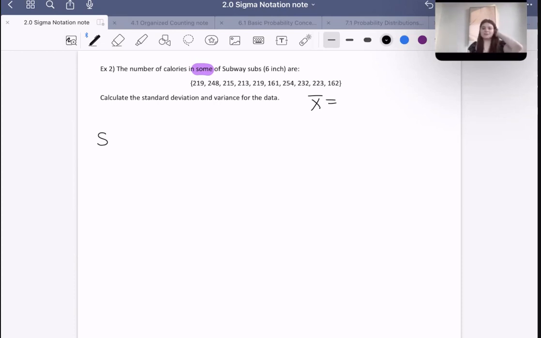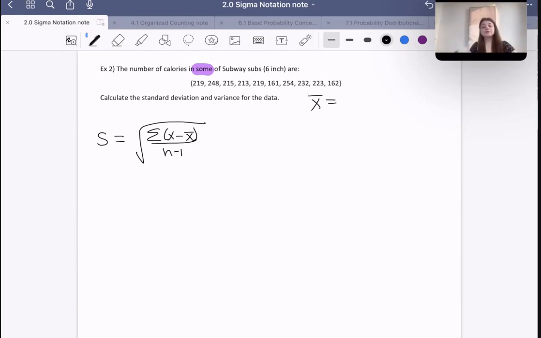But anyways, we're going to be using s for sample standard deviation, which is equal to the square root of the sum of x minus our sample mean, squared, over n minus 1. So this is what we're going to use for this situation today.